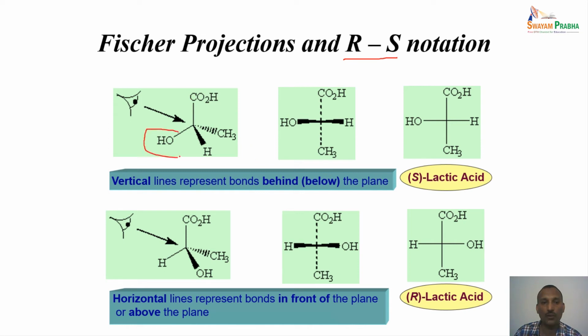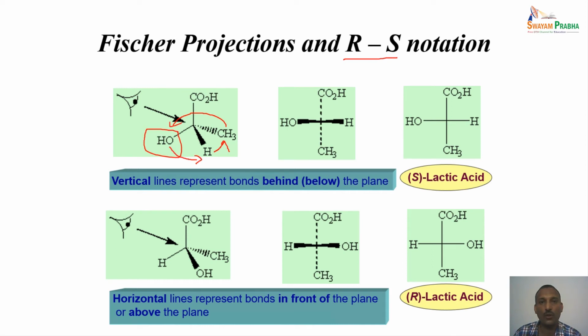So we have a hydroxyl group and we have a methyl group, carboxylic acid and hydrogen. According to the RS nomenclature, we already know the hydrogen should be away from the observer. In other words, we have to rotate the molecule in such a way that the hydrogen goes behind and the methyl group will come here and the OH will come here.